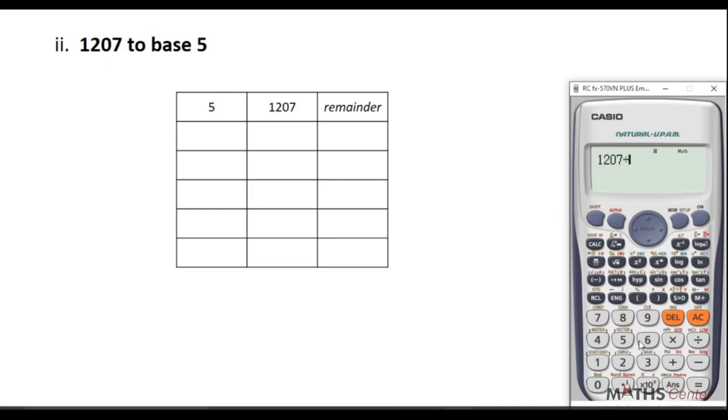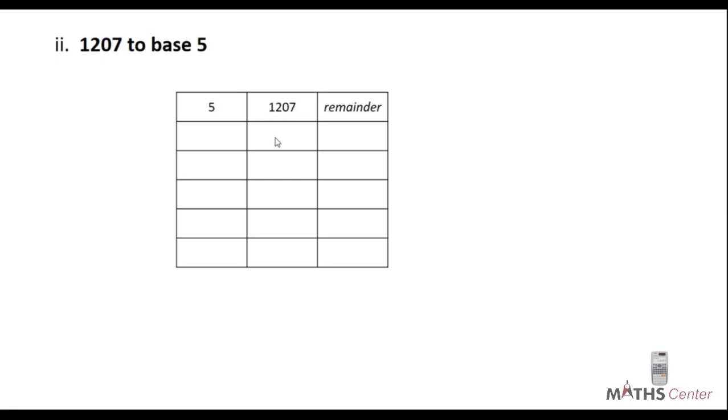1207, you divide that by 5. And we are getting 241.4, which means that the whole number is 241, but there is a remainder. So you write 241 here. If you write 241 here, multiply 241 by 5. I'm teaching you how to find the remainder.